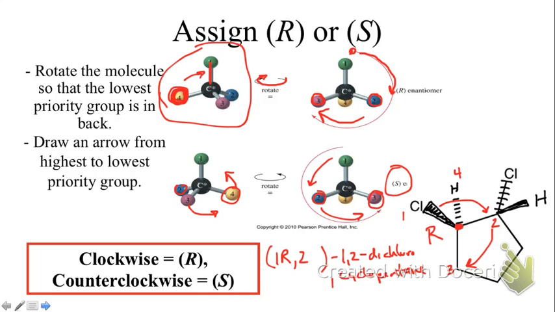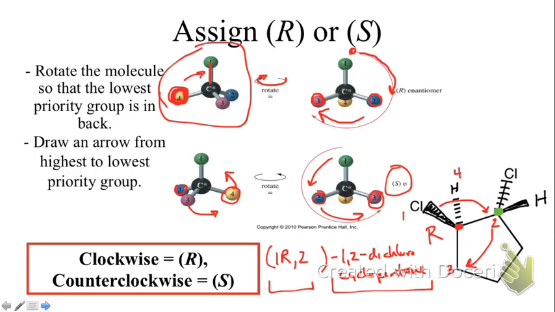So the bulk of our name doesn't change. What we end up having to add is this extra RS configuration at the beginning. Because carbon number 2 is also a stereocenter, we're going to have to specify its relationship for everything else as well.